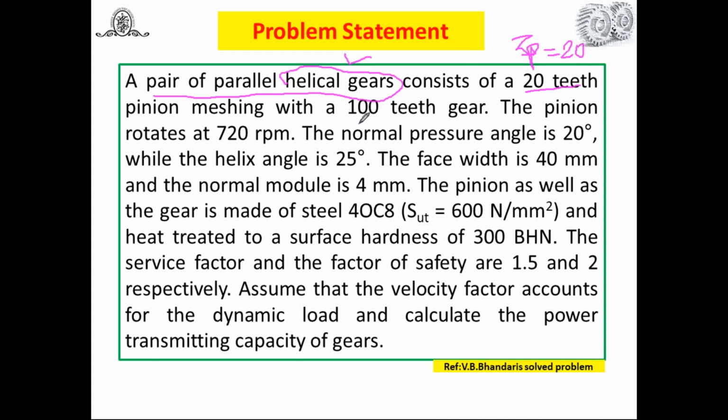Then meshing with a 100 teeth gear, that means ZG is equal to 100. Pinion rotates at 720 rpm, that means NP, small n suffix p, is equal to 720.